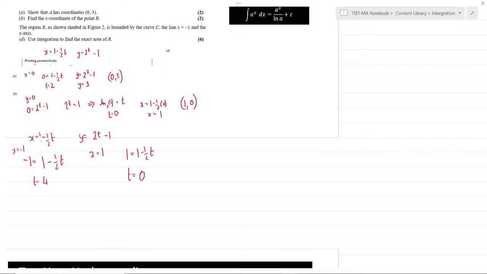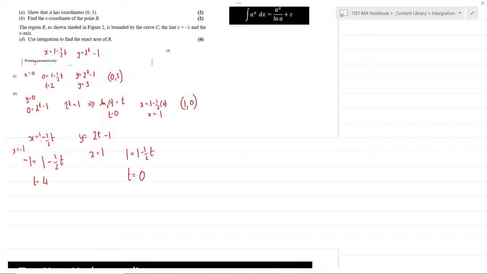On our first one, we've got x is equal to -1 and t is equal to 4. And then we've got x is equal to 1, but t is equal to 0. What's the problem with that? It's not a problem, but the 4 usually goes at the top. Usually you put the bigger number on top.